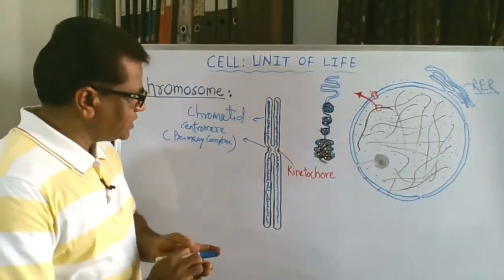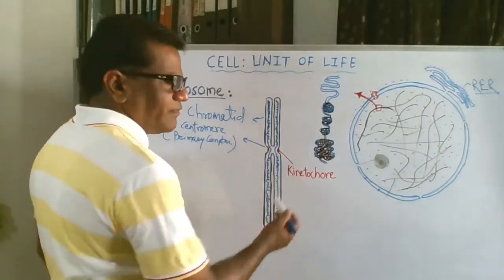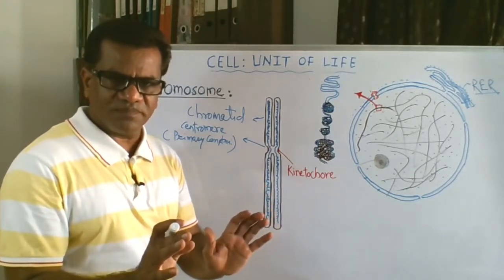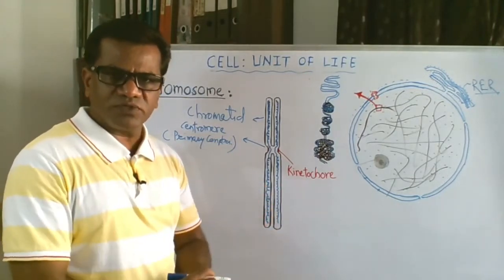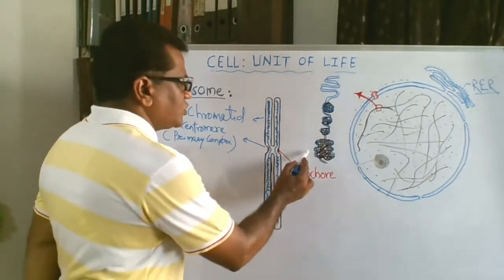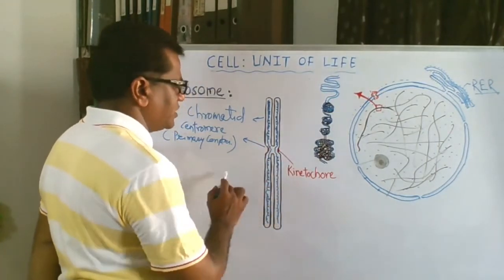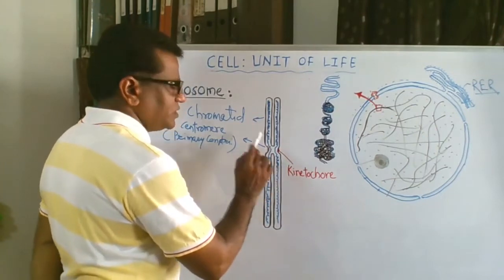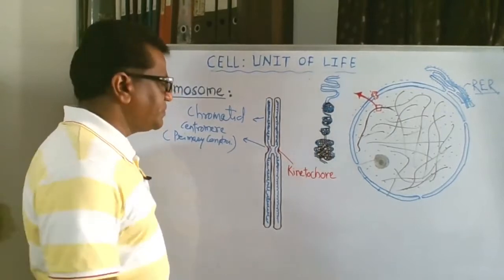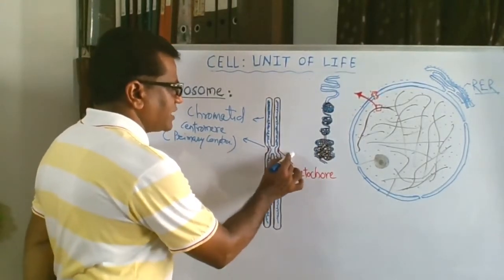When cell division is in progress, the spindle fibers, or the microtubules produced by the centrioles or the centrosome, come here and get attached here. Another microtubule comes here. These microtubules are now called spindles. So spindle fibers are attached here and here.